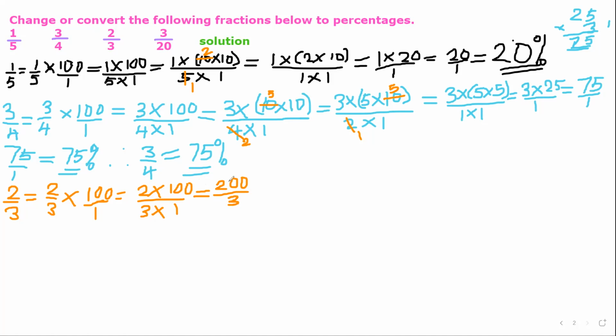We don't leave 200 over 3%, so make sure you leave your answer in decimal. So this time you are going to divide the 200 by 3. So 200 will be in the box, and the 3 will be outside here.